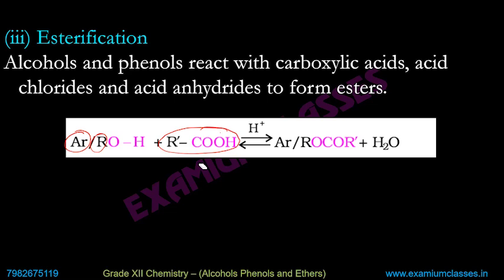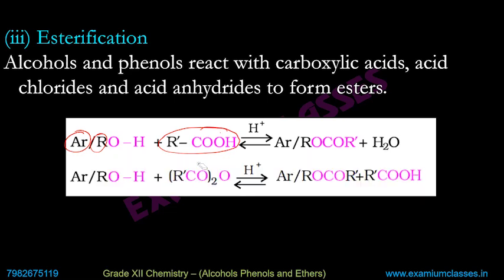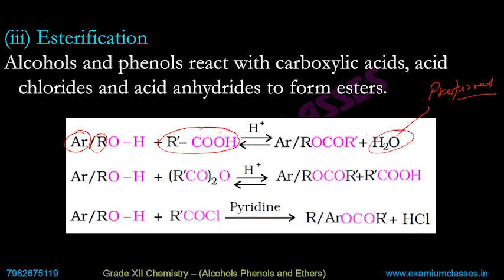Then also you will get ester. Many times you will use this reaction to form ester. The first one is preferred because in this case, water is formed. In other cases, normally you will get something which is difficult to separate. But anyway, that can be separated.